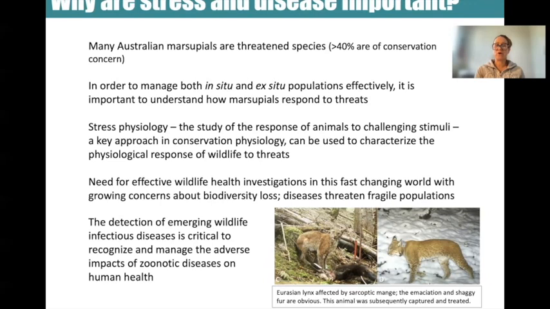The need for effective wildlife health investigations in this fast-changing world with growing concerns about biodiversity loss means that we need to understand how disease is going to threaten fragile populations. So the detection of emerging wildlife infectious diseases is also critical to recognise and manage in relation to the adverse impacts that these diseases can actually have on human health.